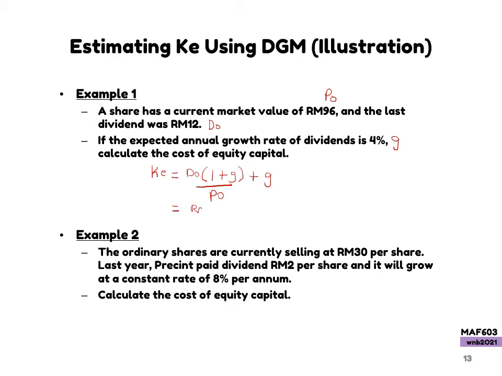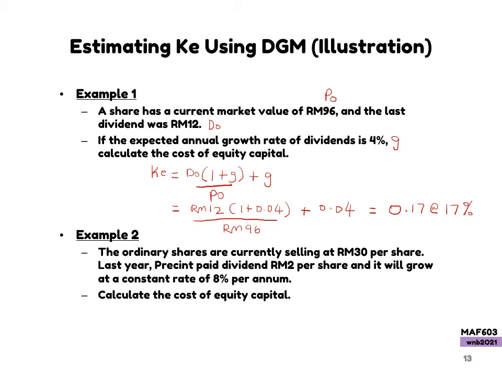D0, we have RM12, times 1 plus 0.04, divided by P0, I have RM96, plus G, which is 0.04, and you should be able to get the KE of 0.17 or 17%. The cost of equity capital for this company is 17%.